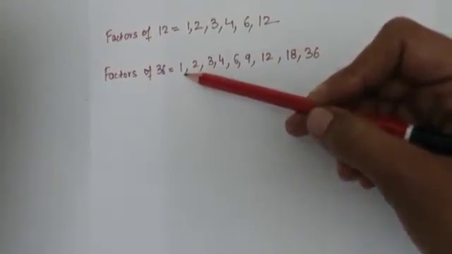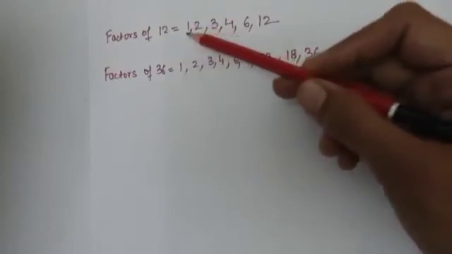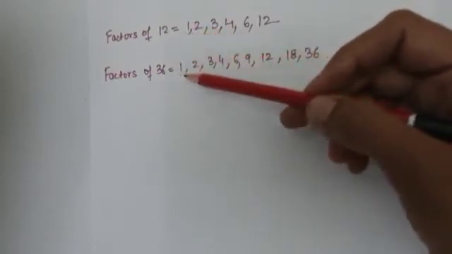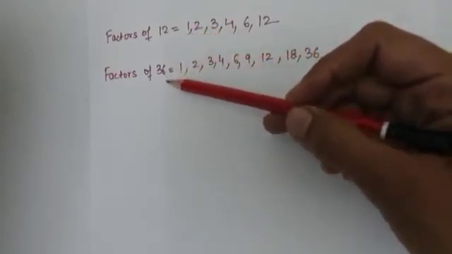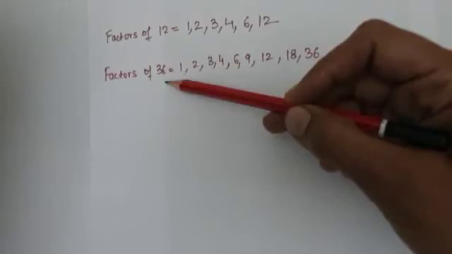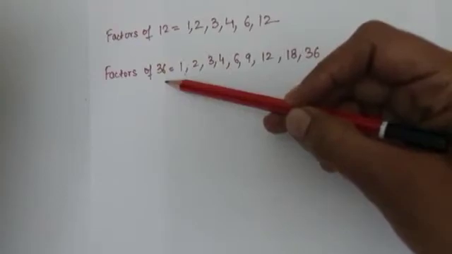We can easily say this because 1 is coming here and 1 is also coming in the factors of 36. Find the factors of any number, you will observe that 1 is a factor of every number. Clear?